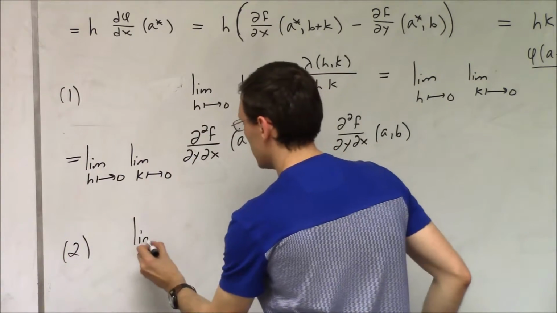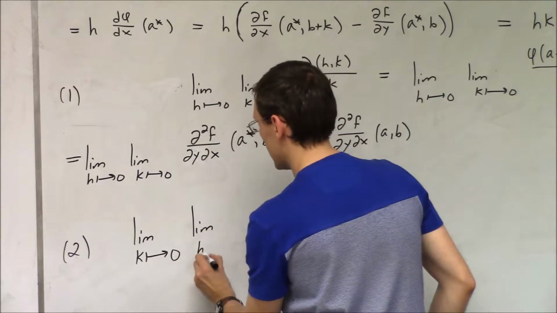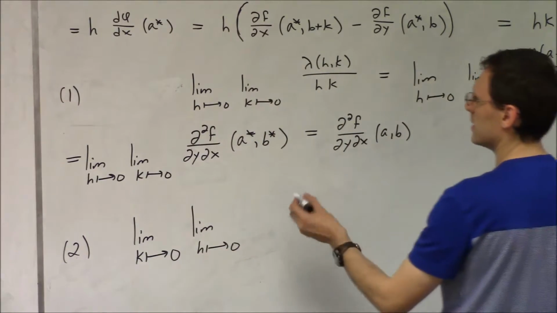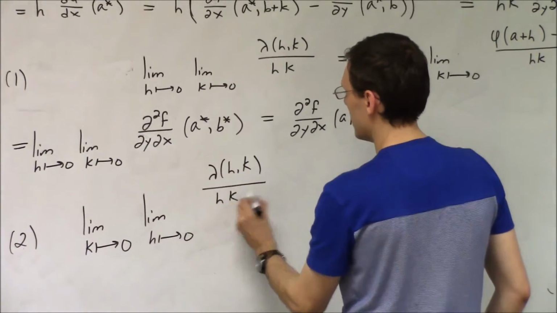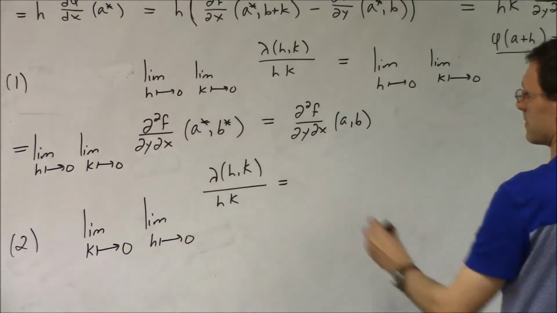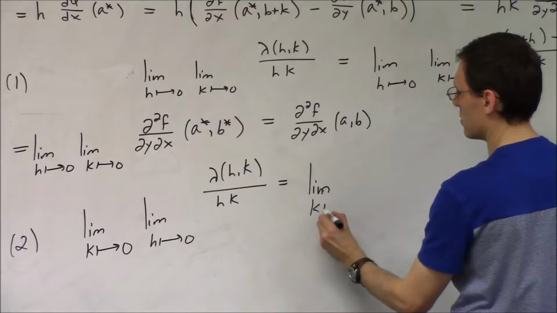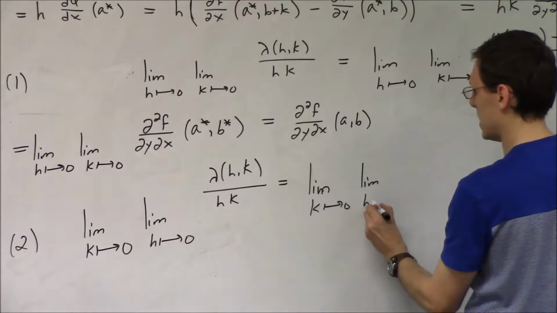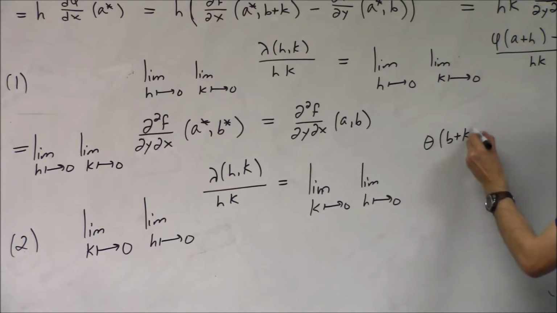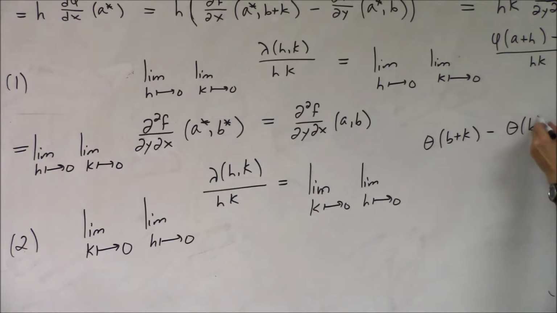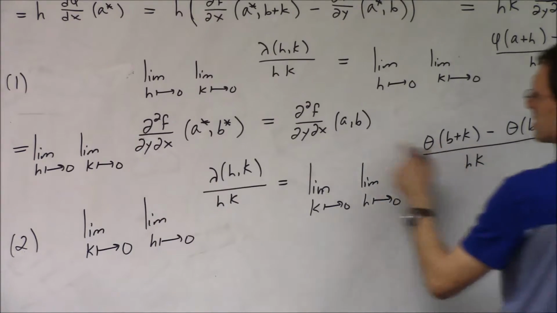If I take limit when k is going to 0 first, and then limit as h going to 0 second of lambda hk over hk, you can now use the phi function. So that would be limit as k goes to 0, limit as h goes to 0 of theta of b plus k minus theta of b over hk, because this is the same as lambda hk.